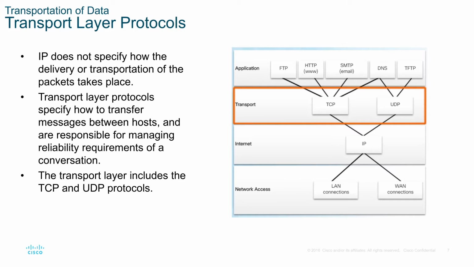So whenever you hear the terms of reliability or retransmission, they would talk about the TCP protocol. As you can see in the diagram, some applications use TCP, some use UDP, and some, such as DNS, have the ability to use both.